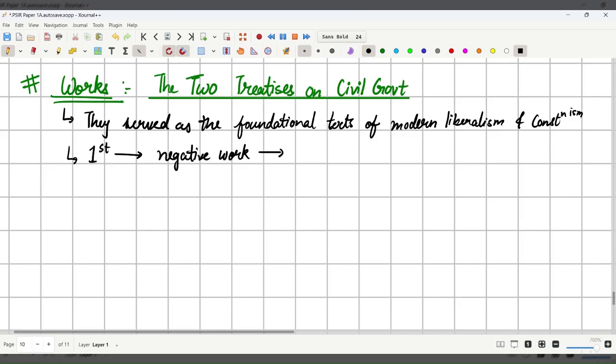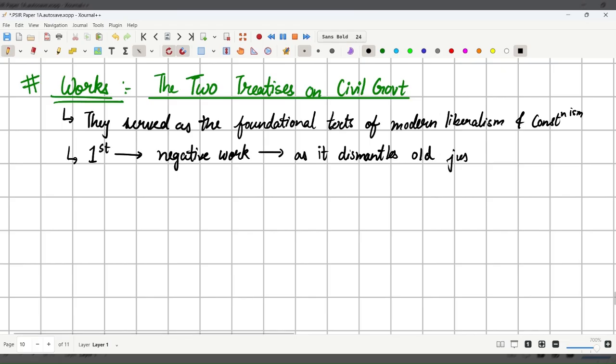Because it is aimed at dismantling old justifications of absolute power.